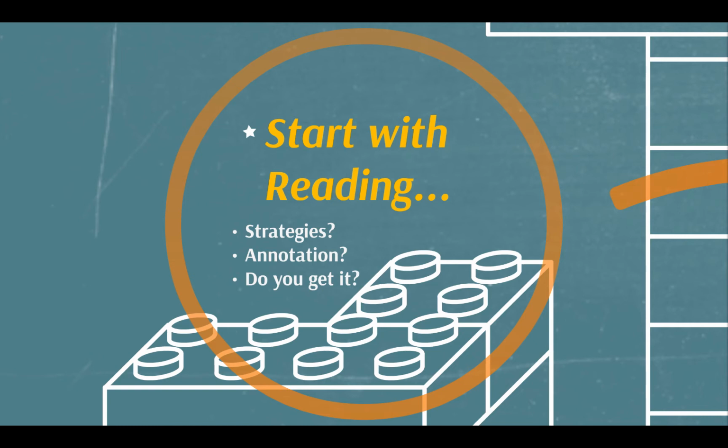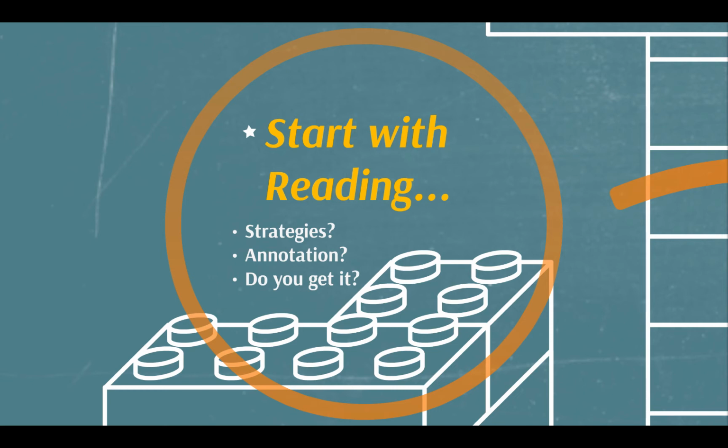Working on summarizing paragraph by paragraph, creating a reverse outline. All of these strategies can help you answer the question, do you get it? If you don't get it, then it's time to grab some other resources.